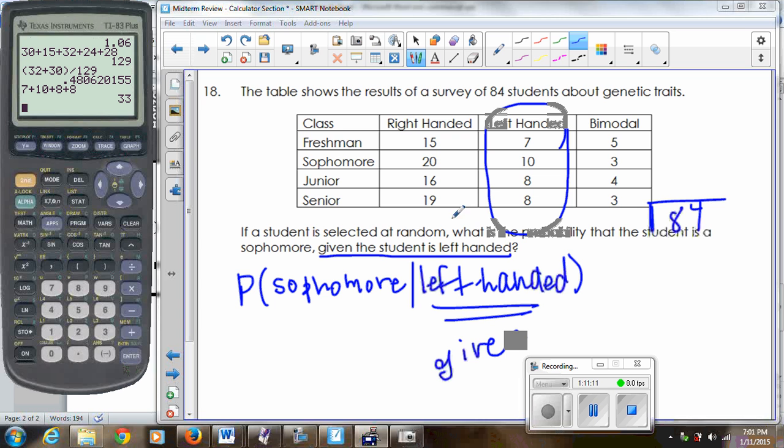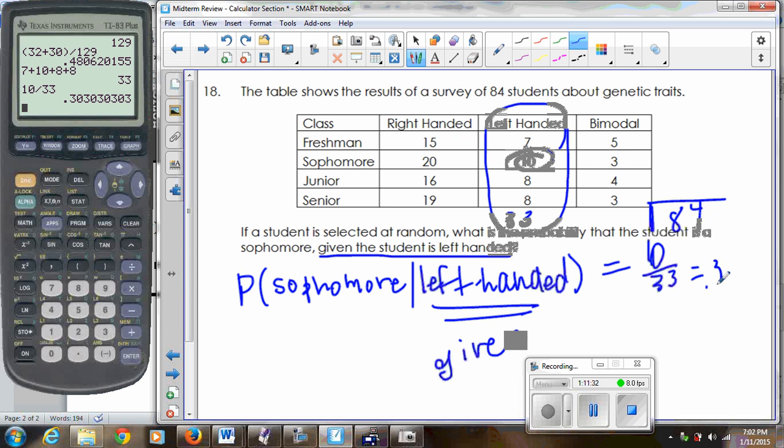And I'm told that there are 33 students in this survey that were actually left-handed. If I want to know the probability that they were a sophomore, then I'm going to take this 10 and divide it by the 33. So it's 10 out of 33, and 10 out of 33 is about 30.3%.